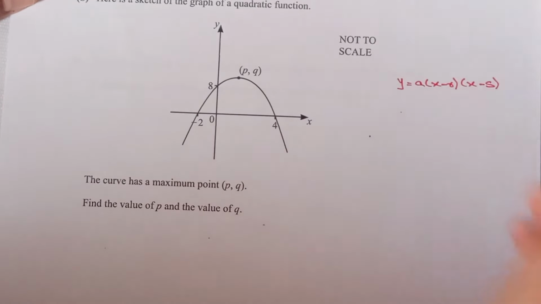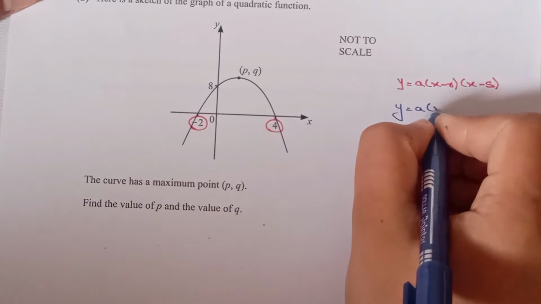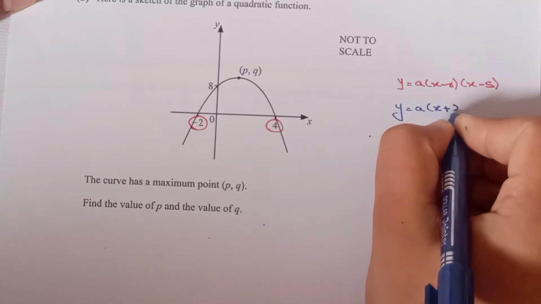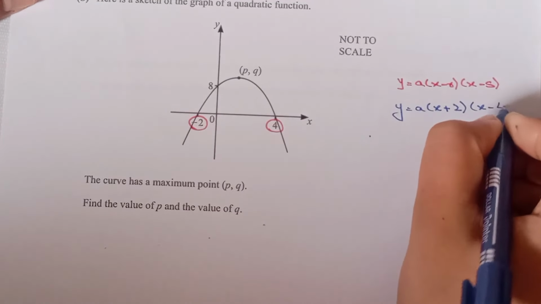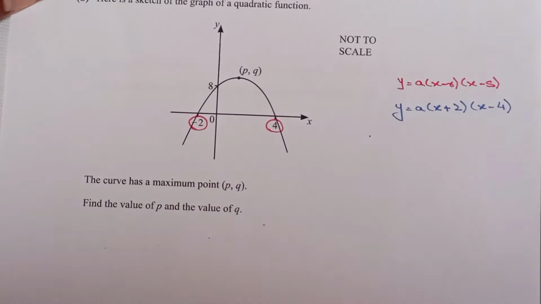R and S are the two zeros, or we can say the x-intercepts, that is negative 2 and positive 4. So here y would be equal to a, x plus 2, times x minus 4. Now how can we find the value of a?